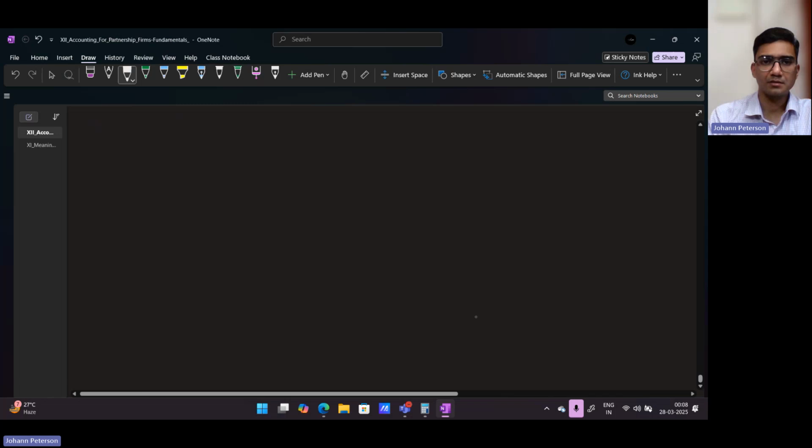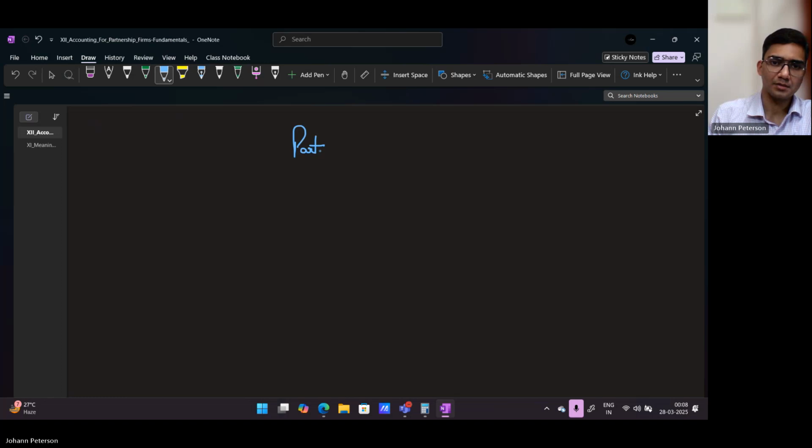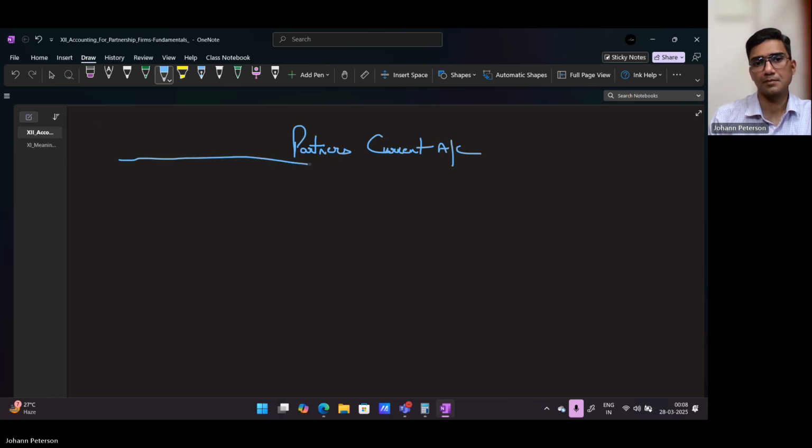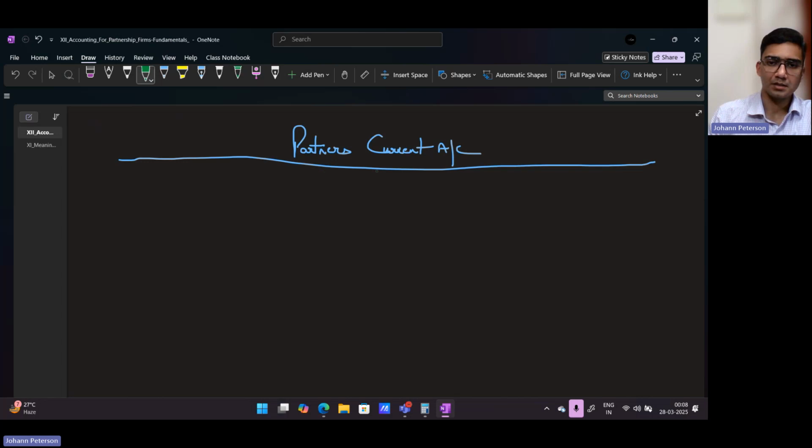The second is going to be a current account. So partners' current account. Again, I'm just drawing it now. You understand what we have to write on the top.